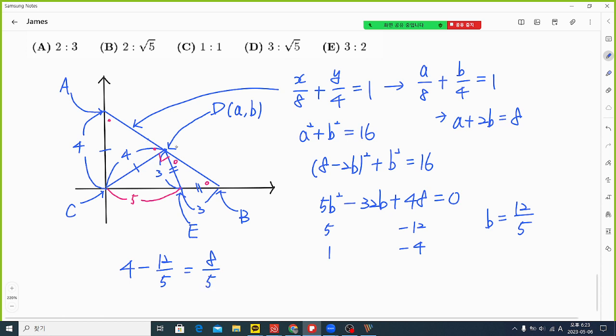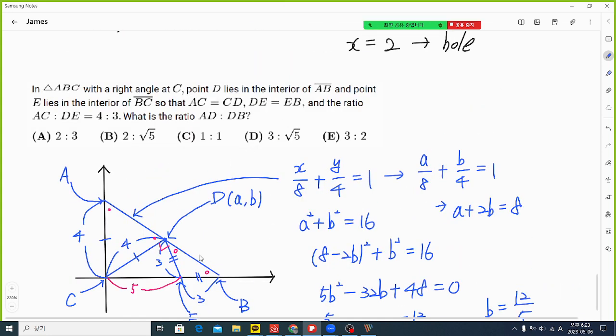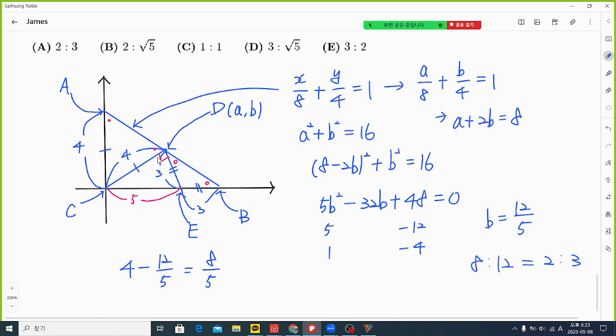So that means this point divides the segment AB with a ratio of 8 and 12. So what's the simplified ratio of 8 to 12? 4, 6, 2, 3. Yeah, 2 to 3. Am I right? So the answer is A.